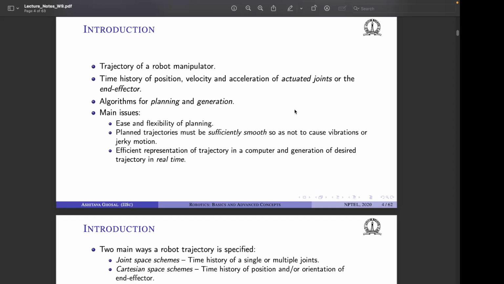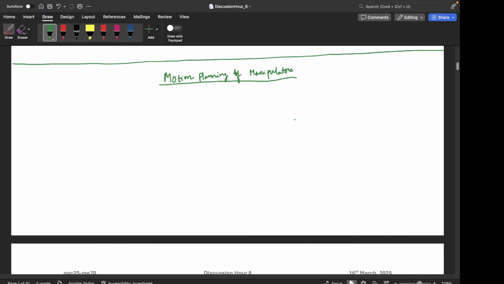So as I said, now we will discuss motion planning, and the first thing which commonly comes up in discussions is what is motion planning and what is path planning.